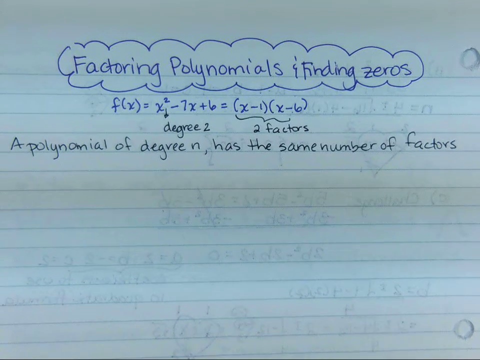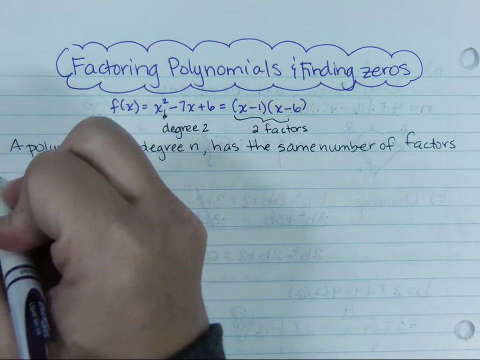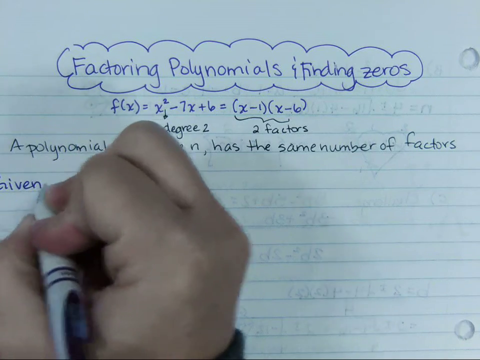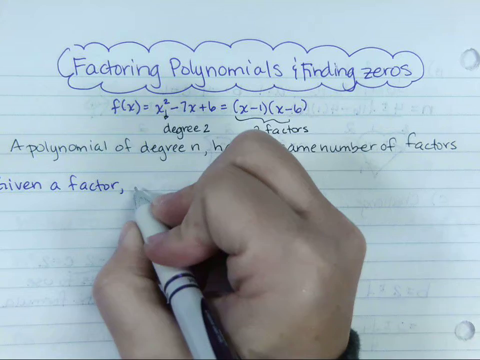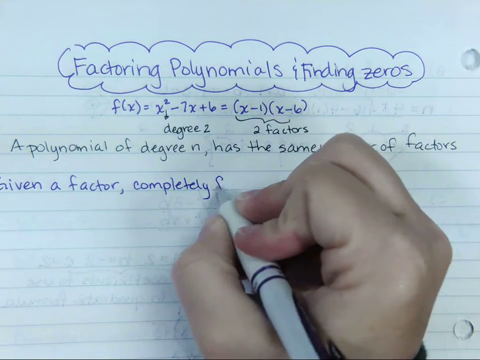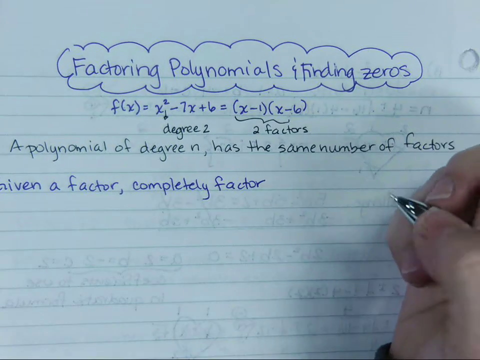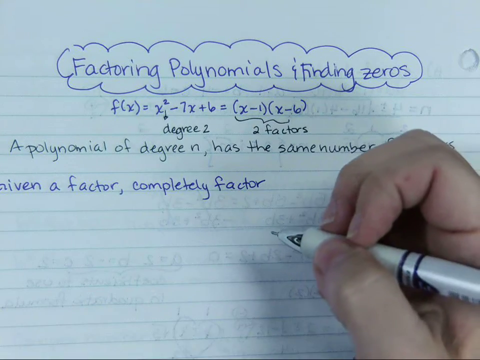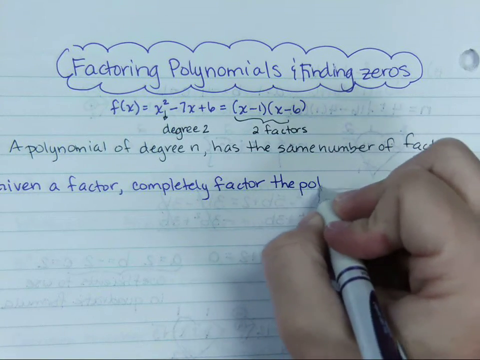And so today what we're going to focus on is, given a factor, we want to completely factor. And when we say completely factor, we mean we need to find the other remaining factors. So given a factor, I want to completely factor the polynomial.